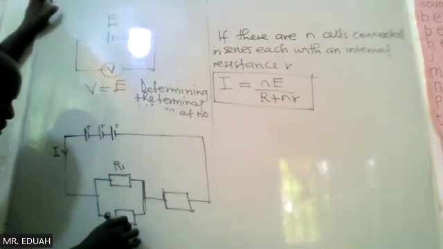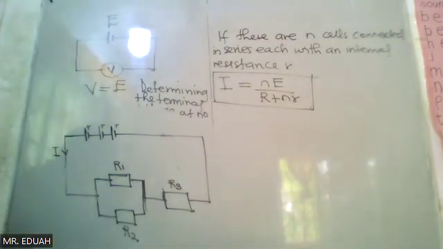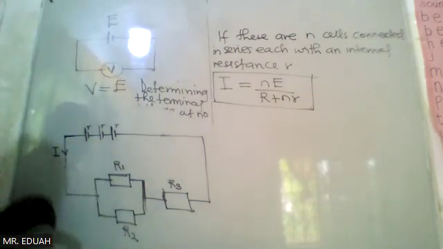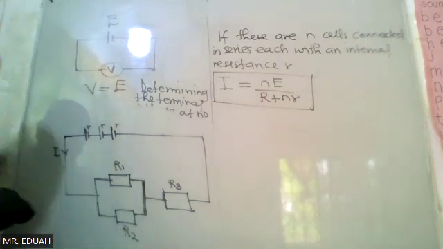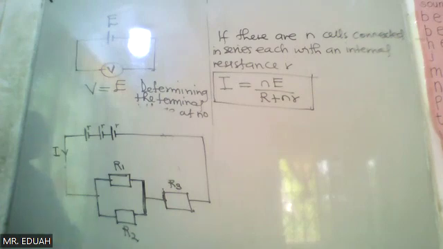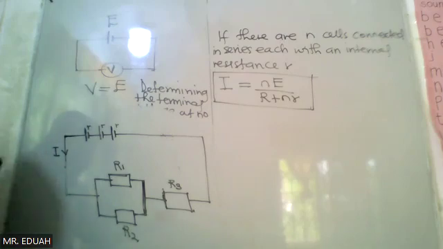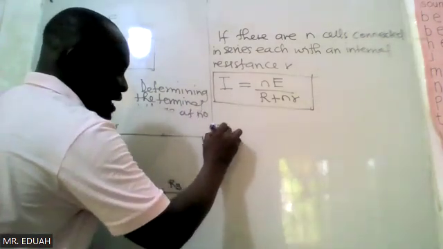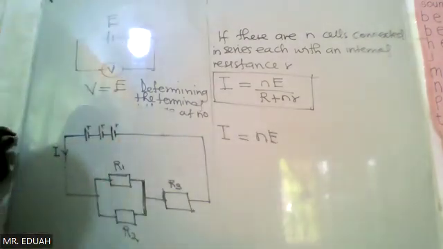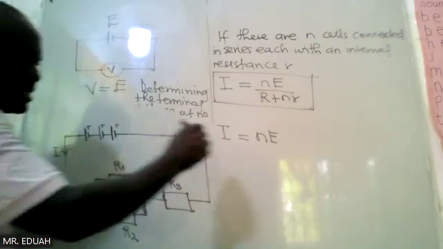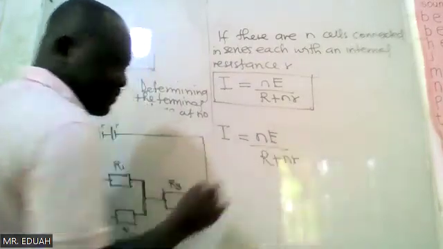R1, R2, R3. This is a similar possible circuit that can be given to you. It's the same thing. Calculate the current I flowing through the circuit. And here it is the same: I is equal to n times the EMF, because the cells are connected in series, divided by R plus n times r.